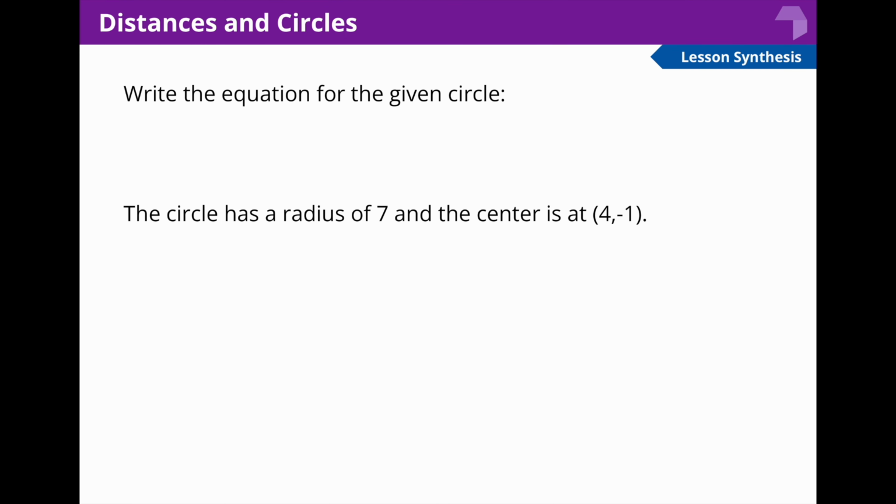Now, if I don't give you a picture and I just give you the information, can you do the same thing? So let's write the equation out. It has a radius of 7, so r is 7, h is 4, k is -1.